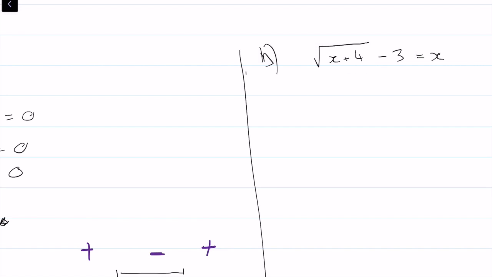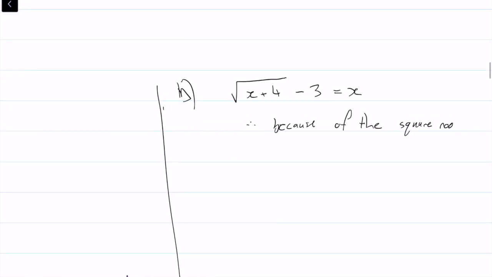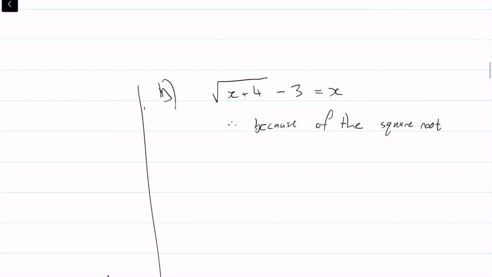So therefore, because of the square root, everything underneath the square root must be greater than or equal to 0, so x plus 4 must be greater than or equal to 0, therefore x must be greater than or equal to minus 4. Okay, so that's our one criteria or condition.